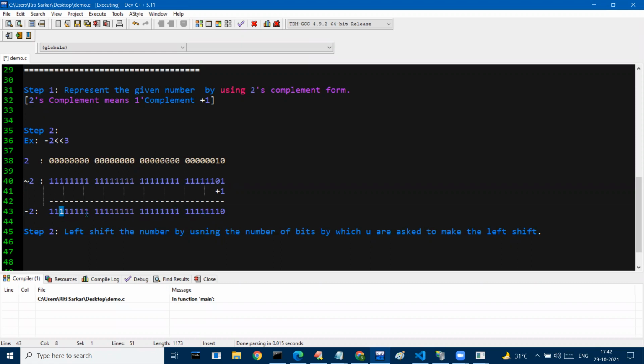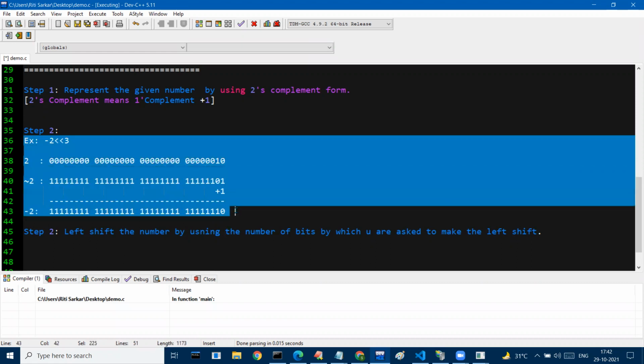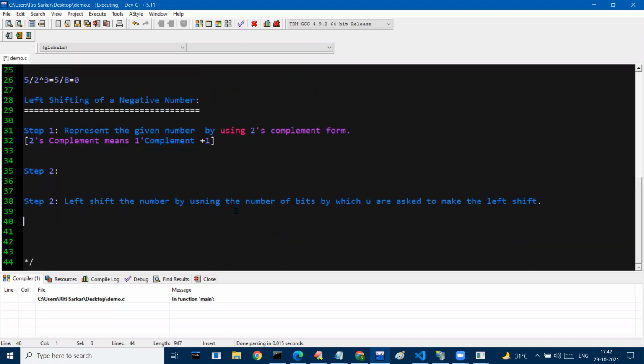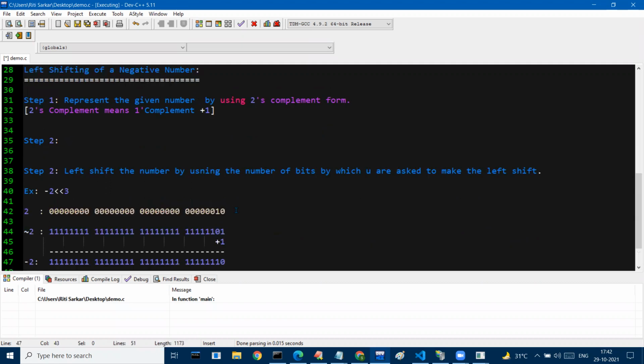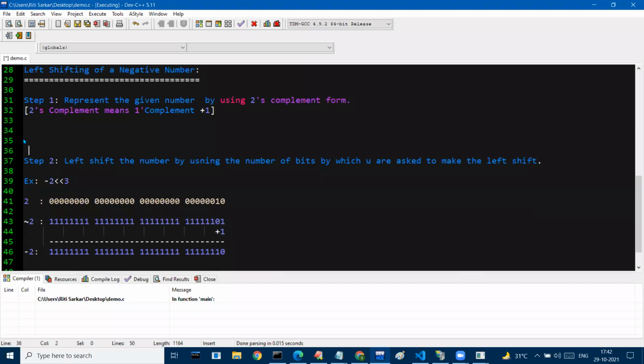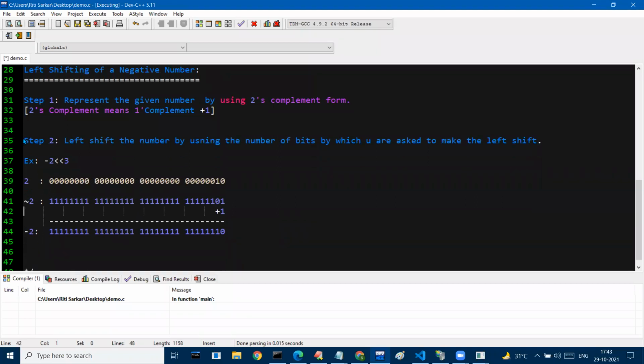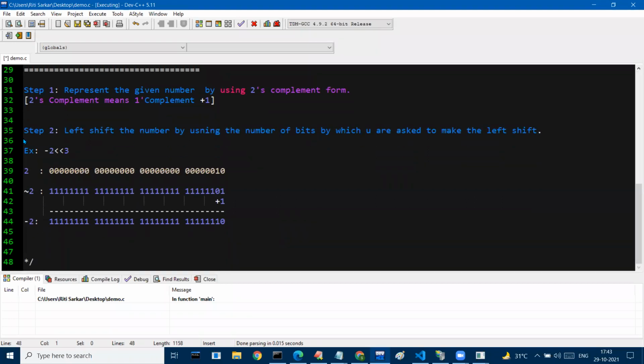If all the bits are left shifted by 3, then automatically what will happen? A vacant position will be created. Where will the vacant position be created? If you shift towards the left, the vacant positions are created on the right hand side.